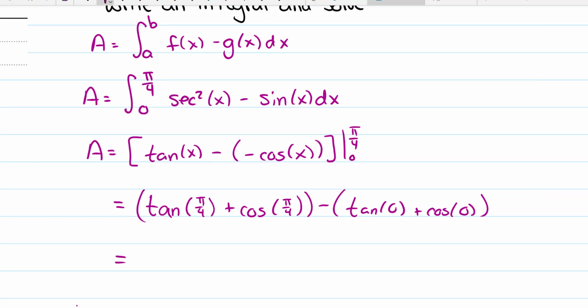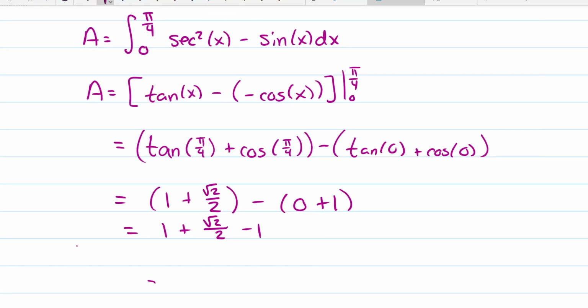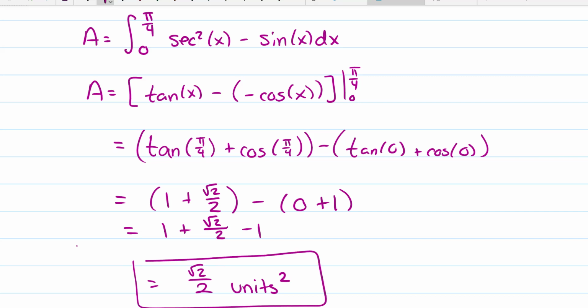So you get this is equal to 1 plus root 2 over 2 minus 0 plus 1. This is 1 plus root 2 over 2 minus 1. And so you just get root 2 over 2. Now keep in mind we need to talk about units. We don't know if we're in meters, feet, so we're going to write units, and it's units squared because we're dealing with an area.